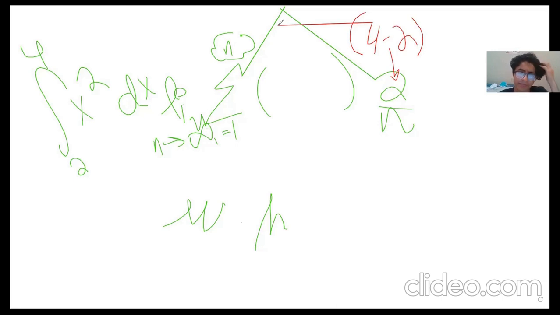And then the height. The height goes in here. The height is how the function operates, right? No matter what the function is, like maybe this was x cubed, or x to the fourth, or sine of x, the thing out here wouldn't be changing because you're still approximating by the widths.